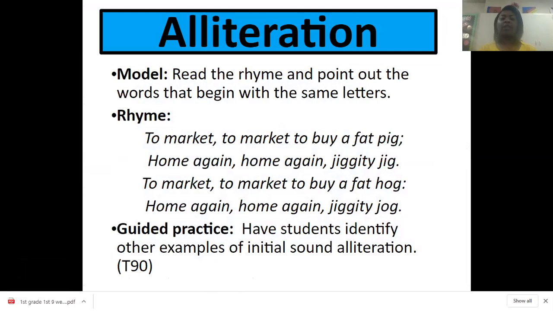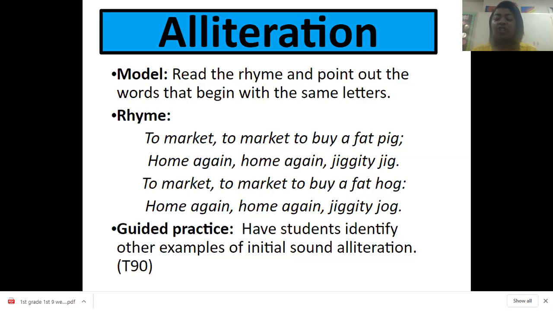Let's talk about alliteration. I'm going to read the rhyme and point out the words that begin with the same letters. To market, to buy a fat pig. Home again, jiggity jig. To market, to buy a fat hog. Home again, jiggity jog. All right? So alliteration is when we hear the same sound in the beginning.